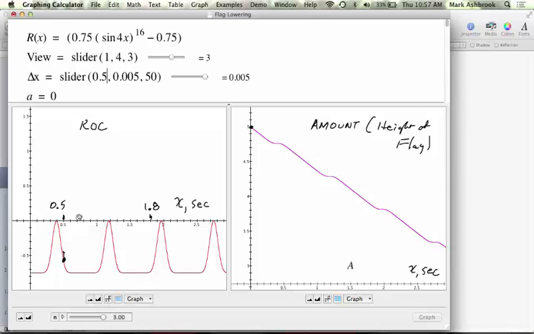I don't like that, so let's do 0.7. And then similarly, let's look at the same interval over here, 0.7 to 1.8. So I got 4 points.